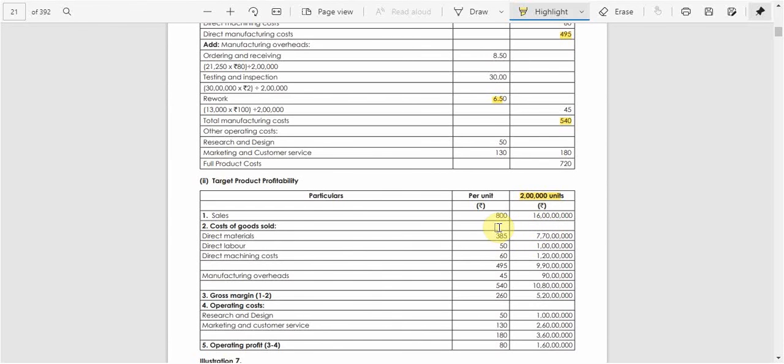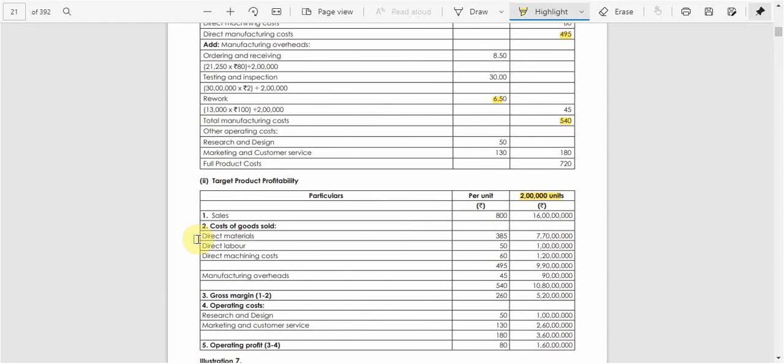Similarly, we need to calculate the cost of goods sold.